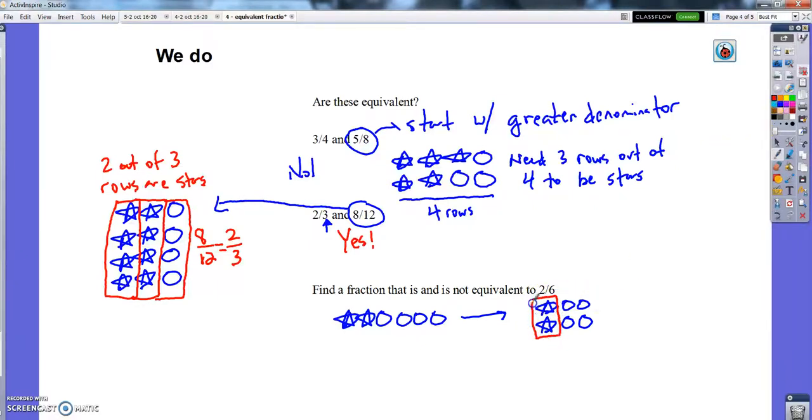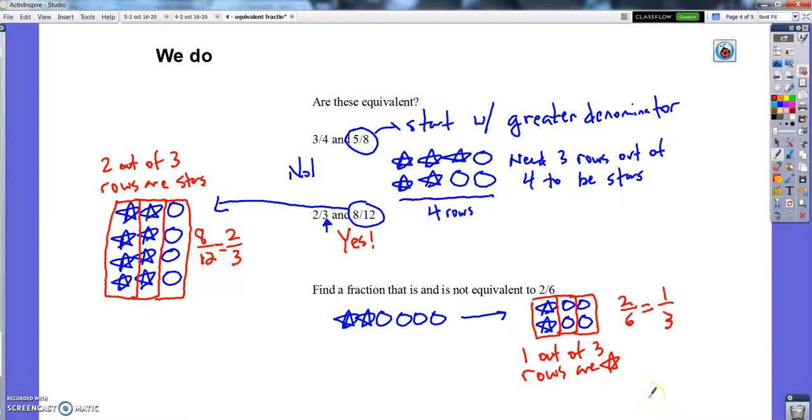I see 2/6, and I also see 1 out of 3 rows are stars. So I can see that as 2 out of 6 pieces, or 1 out of 3 rows.